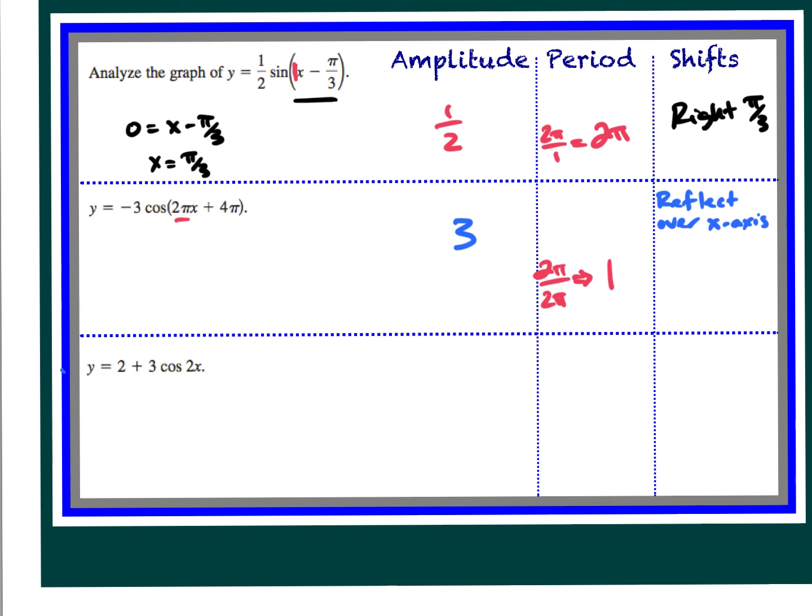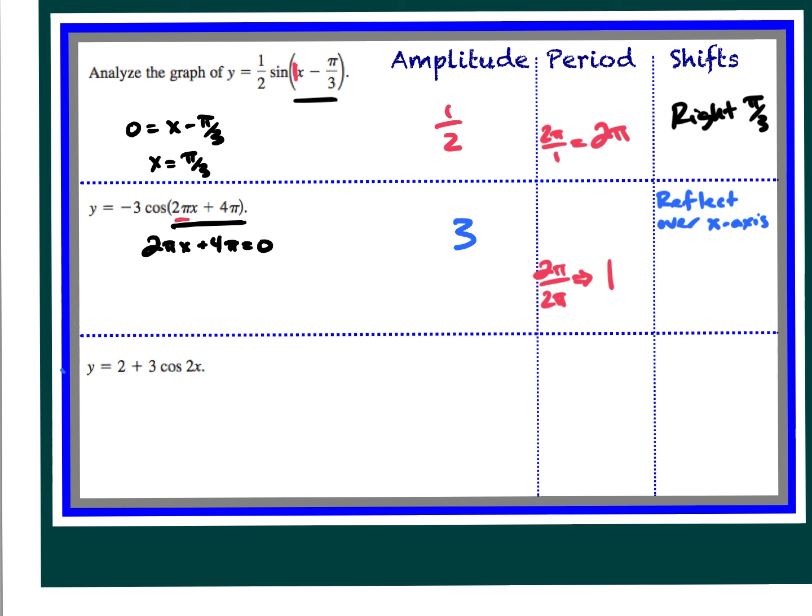And then now let's talk about its shifts. First of all, which way did this move? Left. But how much? 4 pi. 2. It moved left 2. Now, this is the way most of my students like to do it. They like to set that equal to 0. I'm going to show you both ways.